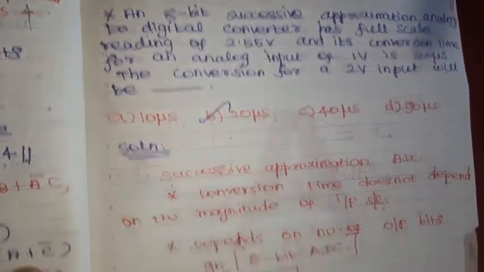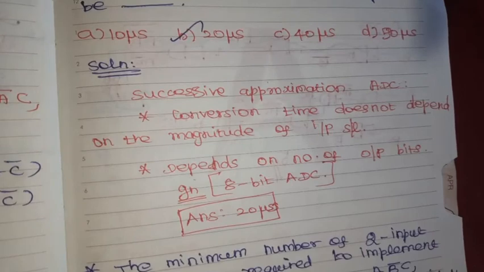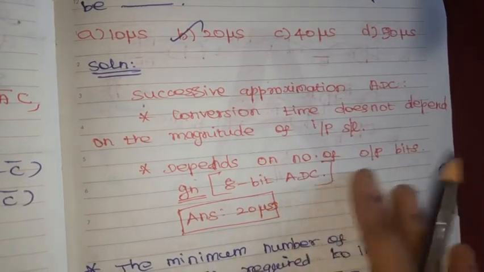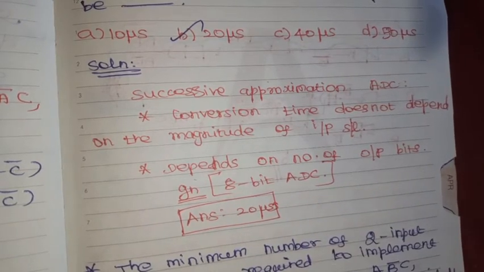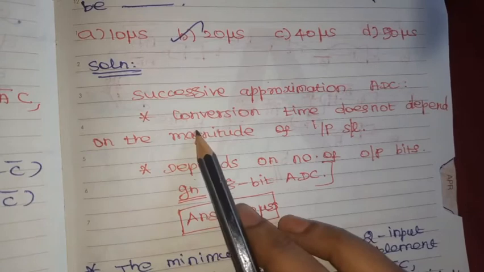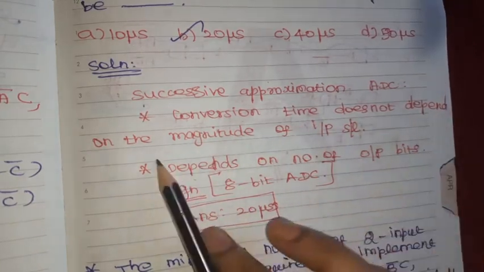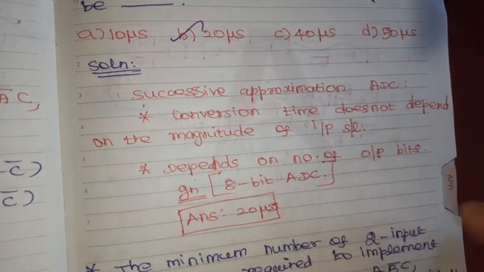So in a successive approximation ADC, conversion time depends only on the number of output bits, not on the input signal. Conversion time does not depend on the magnitude of the input signal. Here an 8-bit ADC is given, so it depends on the number of output bits only.